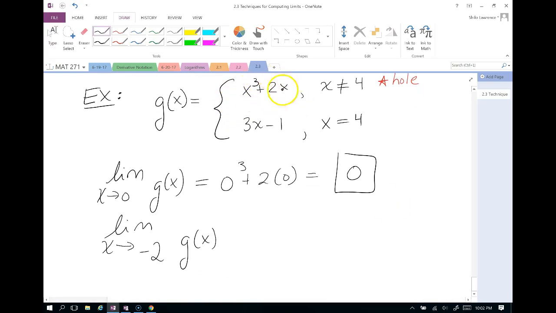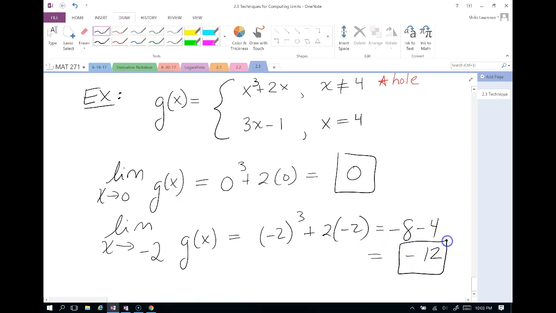It takes on that value everywhere except for x equals 4. So we would do -2 cubed plus 2 times -2, which is -8 minus 4, so -12. Just like in the last problem, really the only place we run into trouble is at 4. That's the only place we need to be careful of.